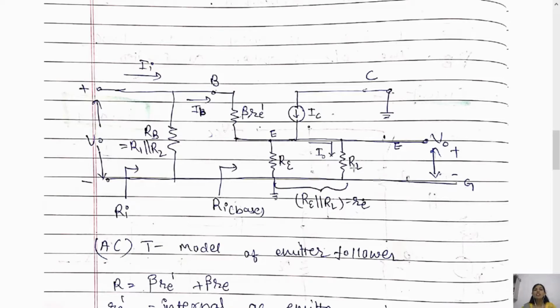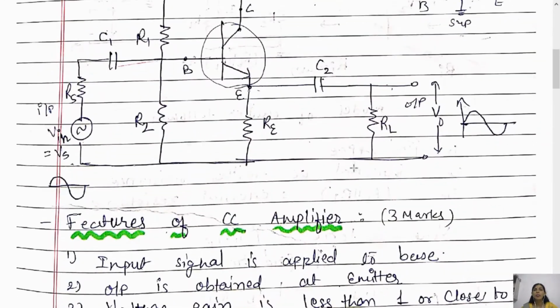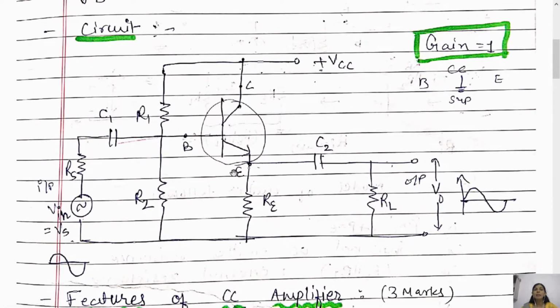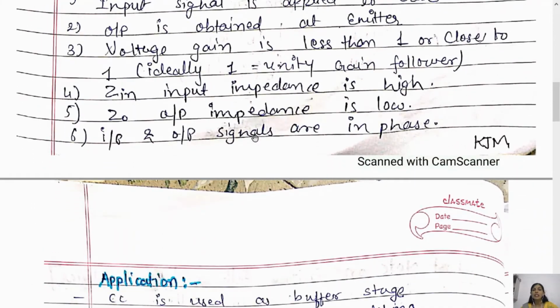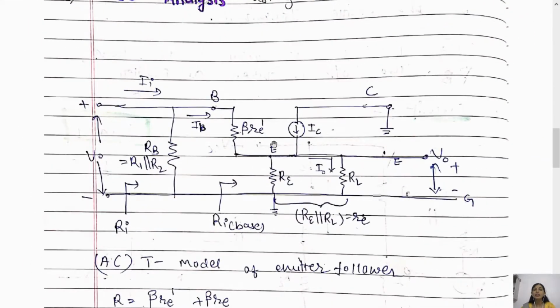Now the remaining thing is the bipolar junction transistor symbol. The approximation of the BJT is nothing but beta Re dash and a constant current source. This is the internal resistance of the diode and this is the constant current source, symbol IC for an NPN transistor, right?